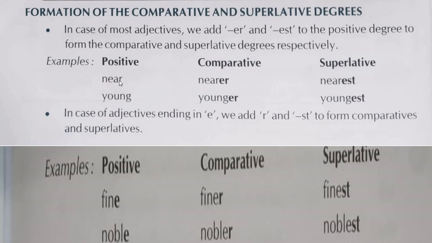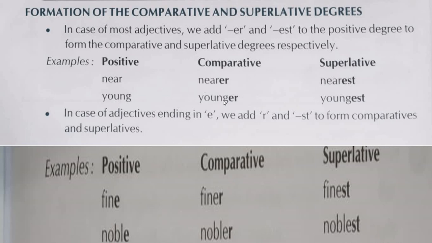Suppose near is positive, we are adding er to make it comparative and est to make superlative. Okay, the is not mentioned here, but the is a must. Okay, in superlative the is a must.